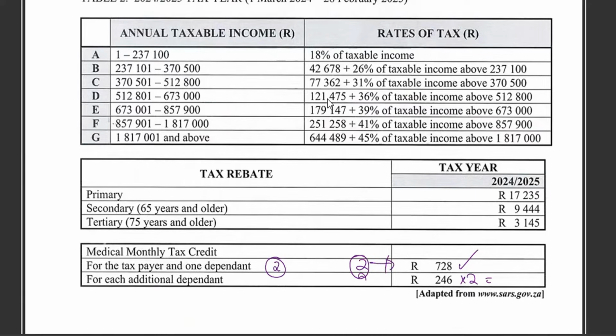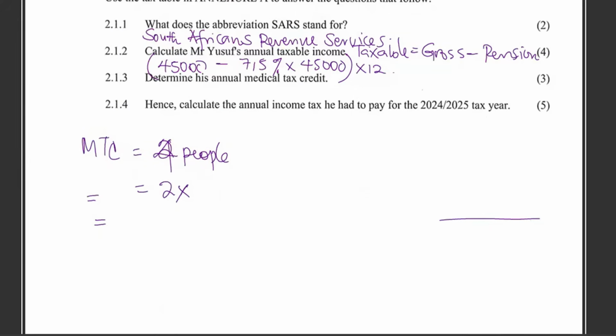And then the other 2 will come the other side. Then we multiply by 12. So this is 2 times the ones who are not dependent plus 728. Everything here we multiply by 12.